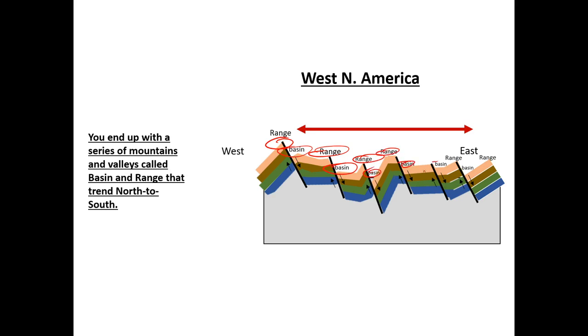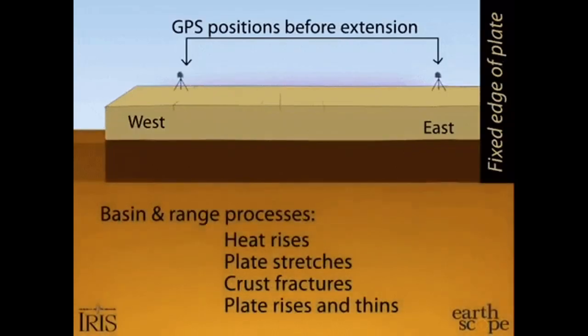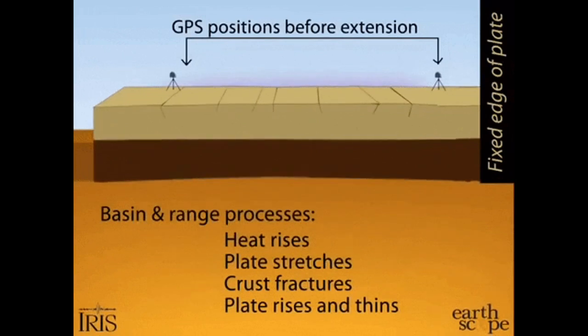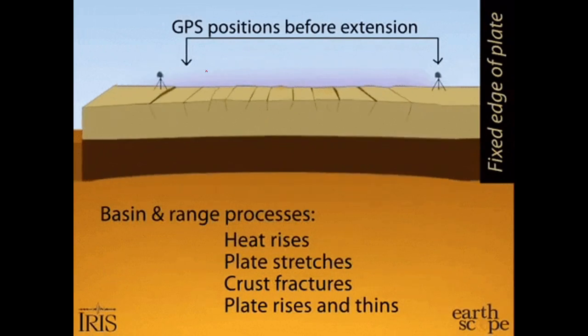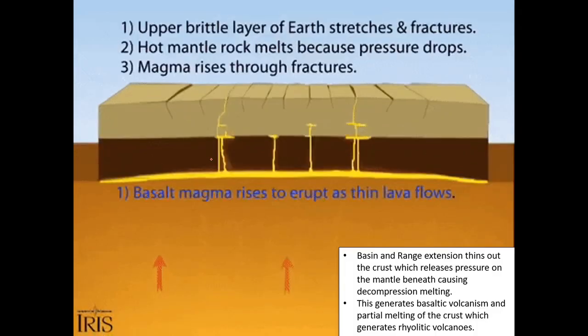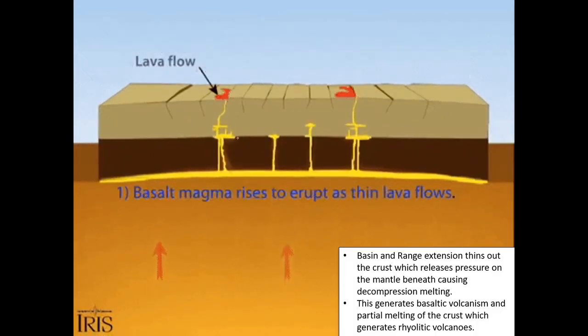This again shows how this happens. The crust thins out. You see the crust thinning out, and you see these series of basins and ranges forming. You all see that? So that's how basin and range developed, okay?